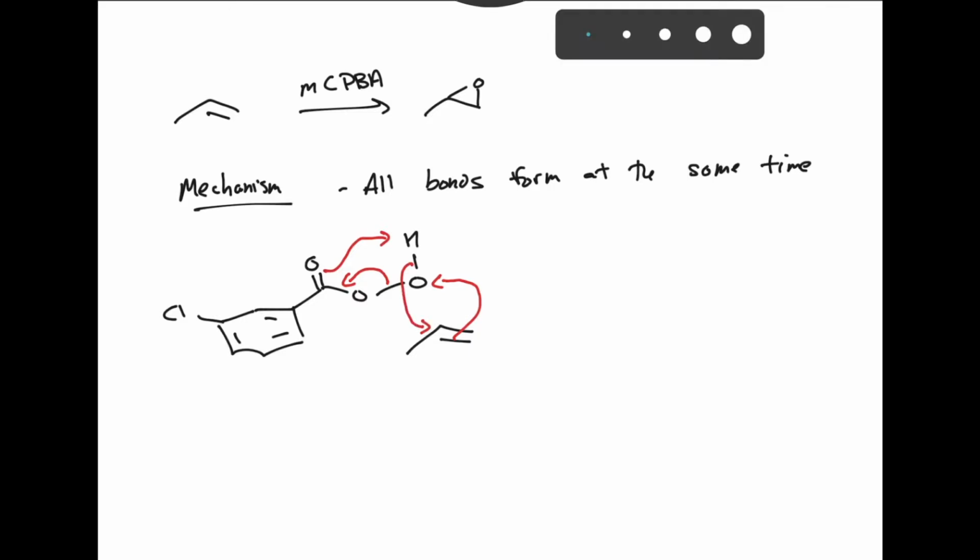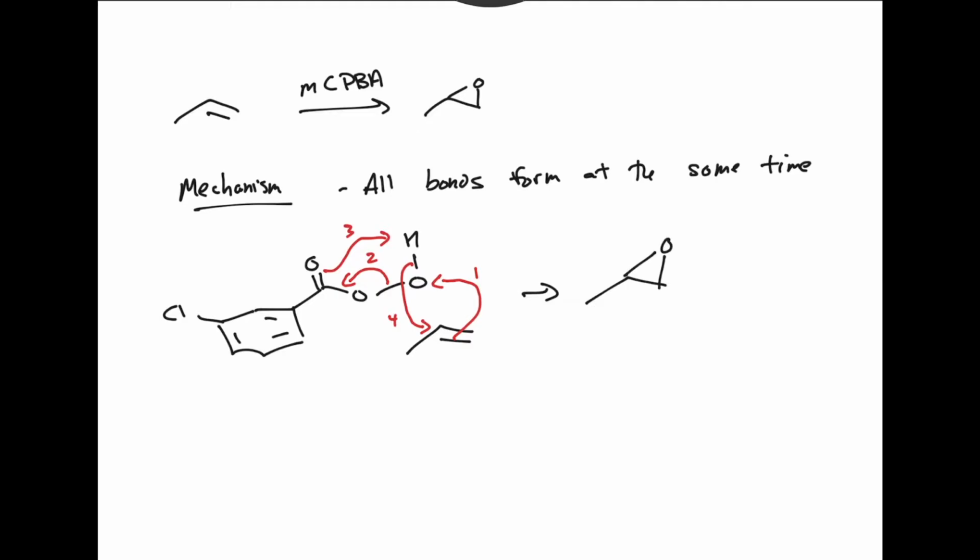I'm going to number these 1, 2, 3, and 4. So you end up with your epoxide, plus you make benzoic acid. These two electrons right here, between the two oxygens, end up being the electrons that make the carbon-oxygen double bond of the carbonyl.